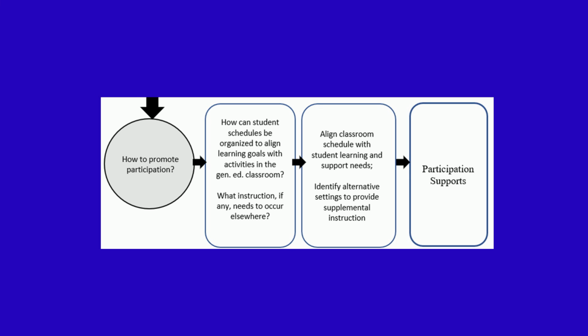The third overarching question is how to promote participation. That is, how to support students so that they are fully engaged in classroom learning activities. There are two critical questions to answer. How can student schedules be organized to align student learning needs with the learning activities in the general education classroom?